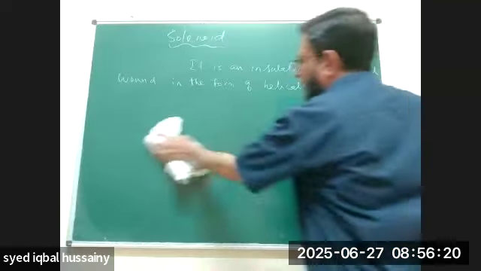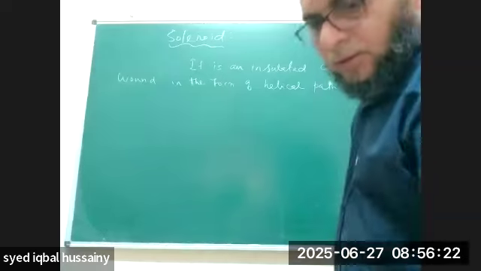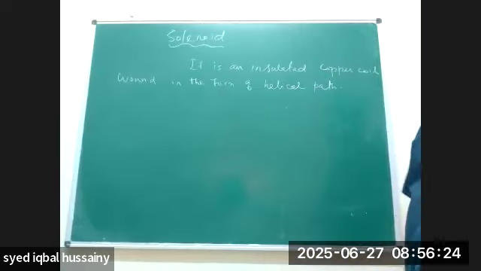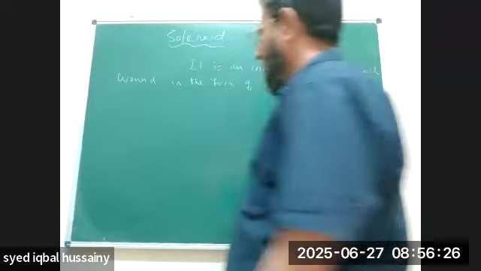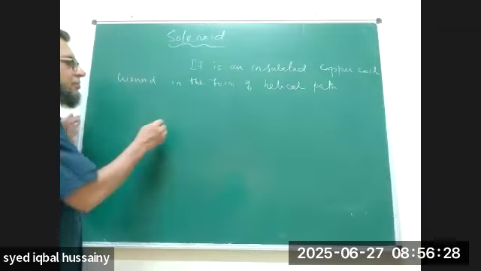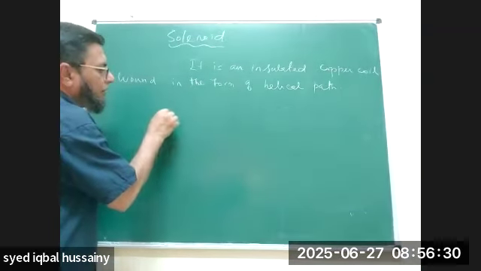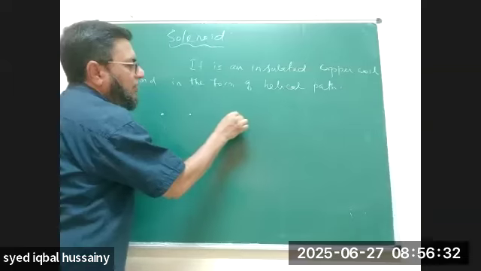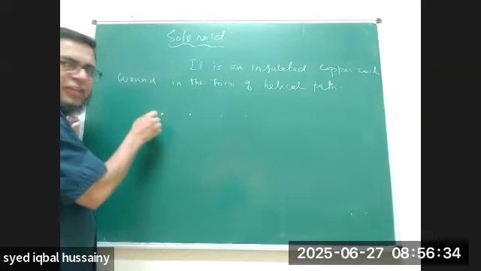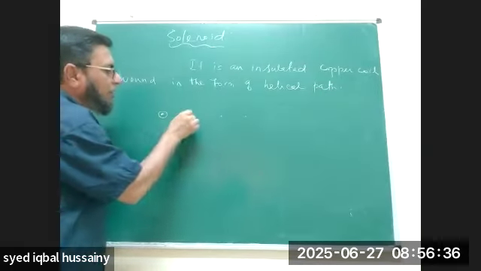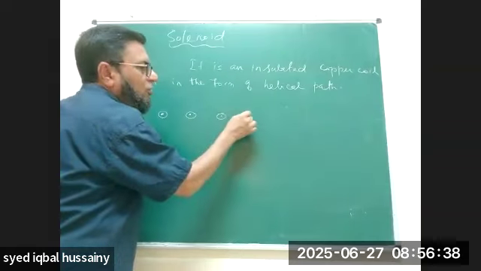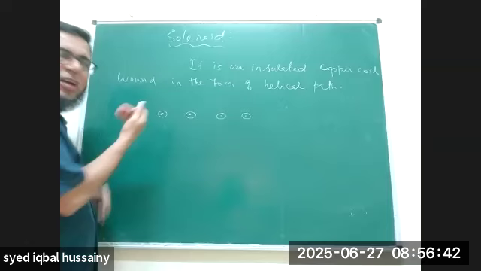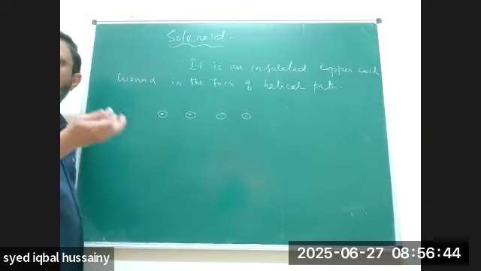Now, children, what is a solenoid? Still, we'll go a little bit deeper. Listen here. I'm going to draw the solenoid diagram. What is the meaning of a dot? Can you tell me? A dot means it is coming outside, the current or magnetic field, whatever you take.